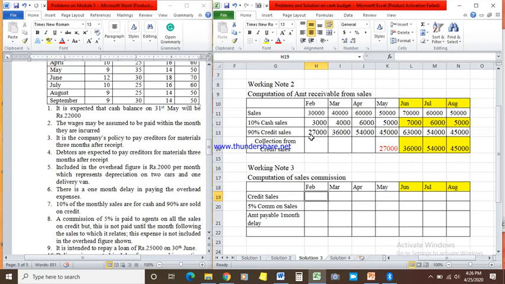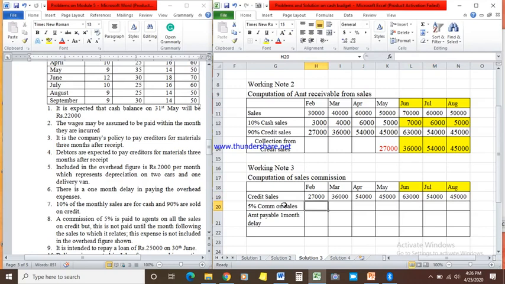So if I take the credit sales details from February, I'll just take all these figures and put them up. Since the formula is there again, I'll just write manually: 27,000, 36,000, 54,000, 45,000, 63,000, 54,000, 45,000.